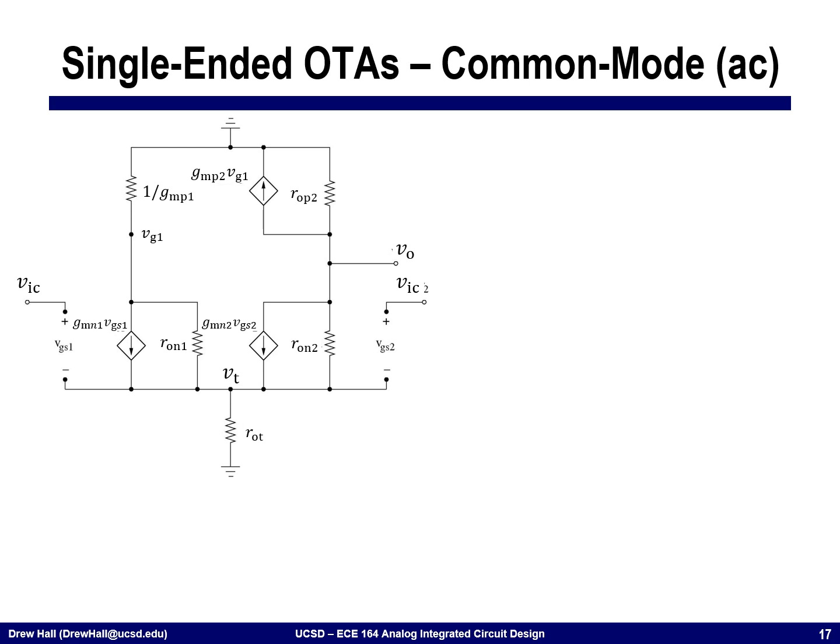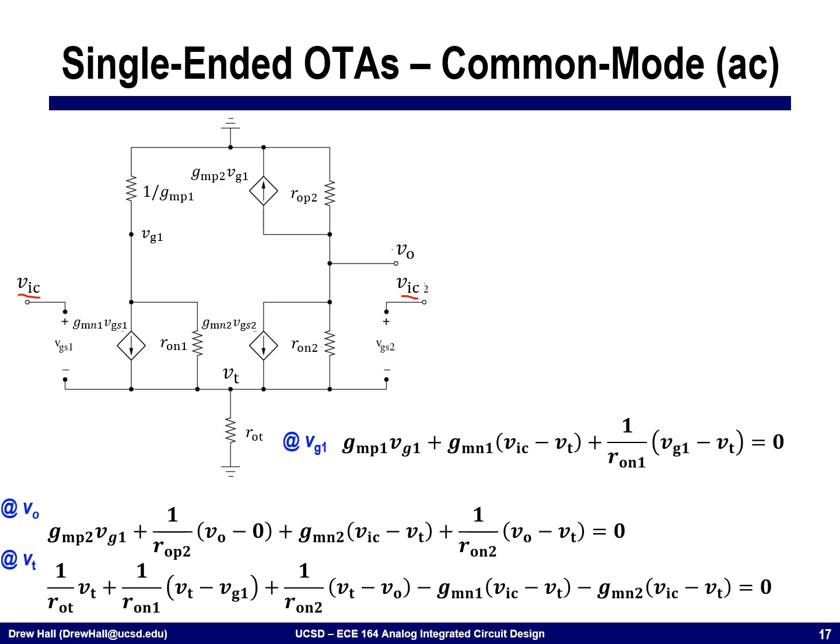All right, so now we're going to repeat that same analysis, but we're going to do so for the common mode gain. Okay, and so the common mode gain means that rather than applying half of the differential mode signal to one side and half to the other side, we're going to apply the input common mode signal to both sides.